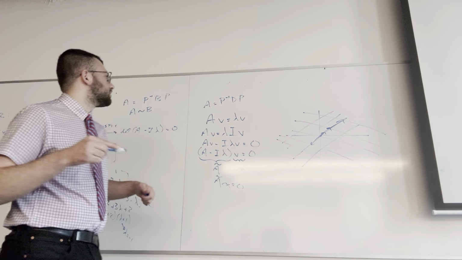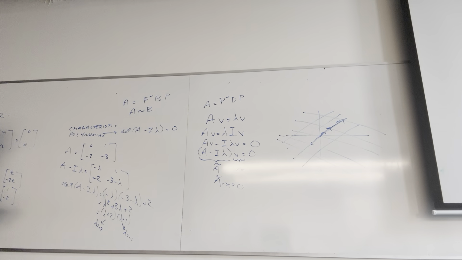Okay, so from there, how do we figure out what those P and D matrices are? Well, it's actually really easy. First step, find the eigenvalues and eigenvectors. Second step, check that they're linearly independent. In this case, it's kind of clear that they are.